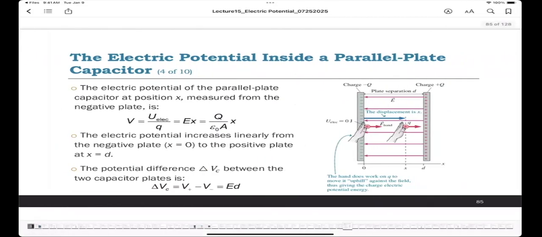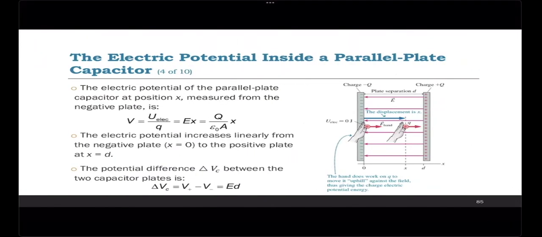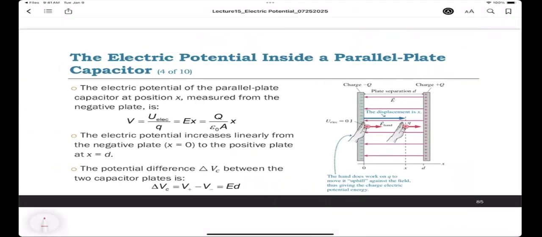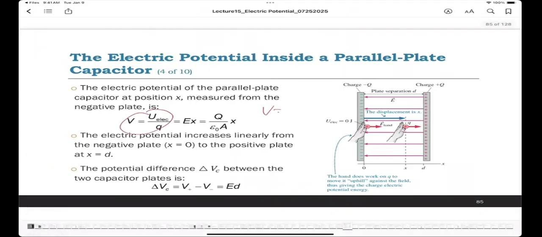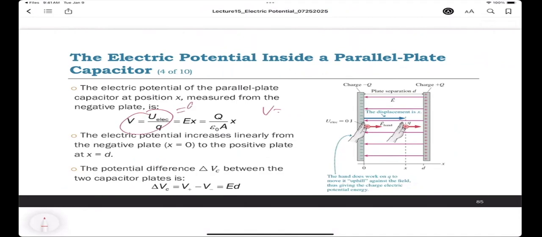Okay. The electric potential of the parallel plate capacitor at position X measured from the negative plate is this. Because we have this, and we also have the equation for V, this one equals QEX, am I right?